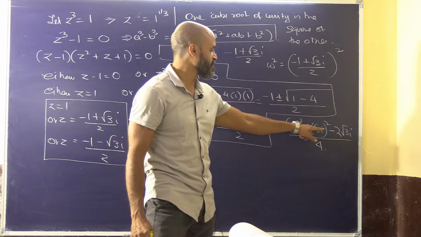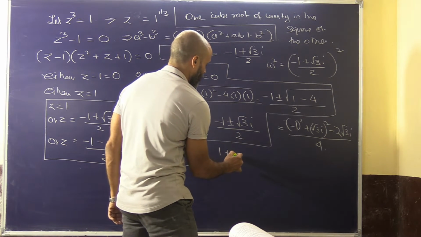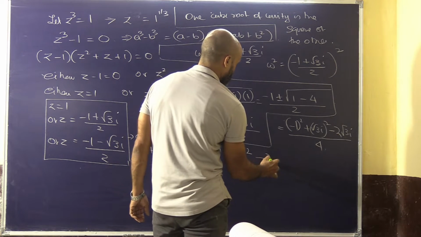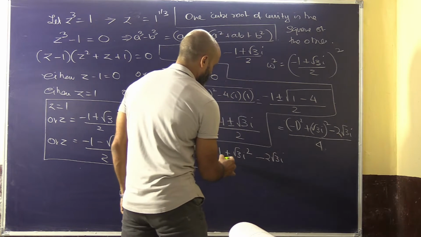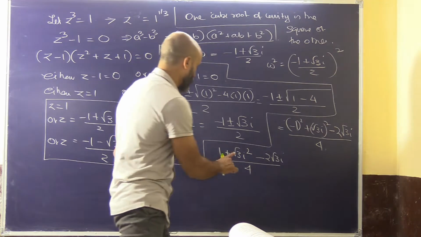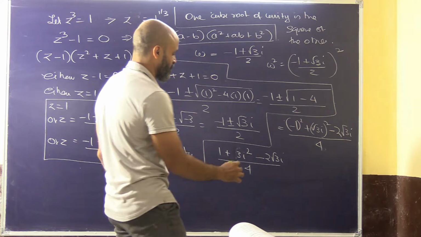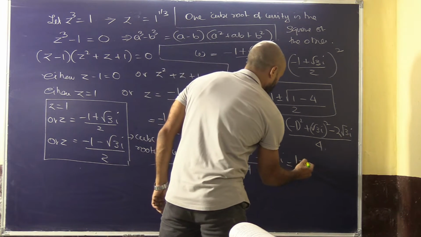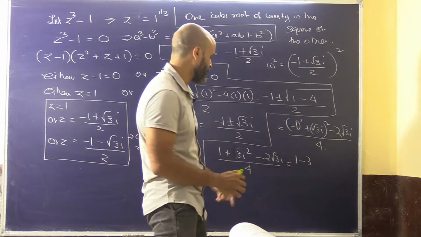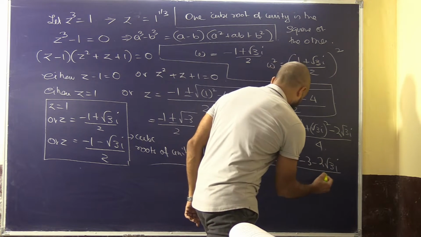So this will be 1 plus root 3i square minus 2 root 3i upon 4. Root 3i square will be 3 times i square, which is minus 1, so this will be 1 minus 3 minus 2 root 3i by 4.